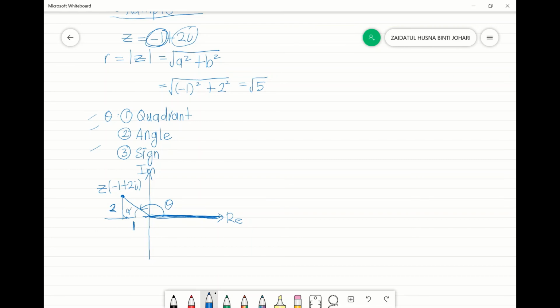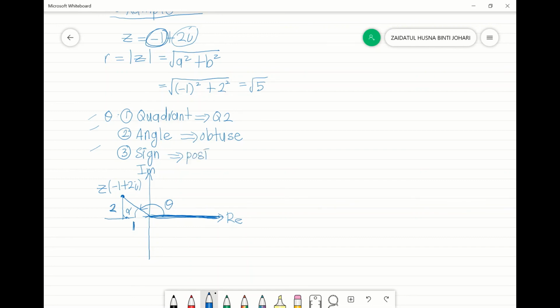We name this angle alpha. Based on our diagram, our complex number is located in the second quadrant, and the angle is obtuse this time. The sign is still positive, because it's located above the x-axis.